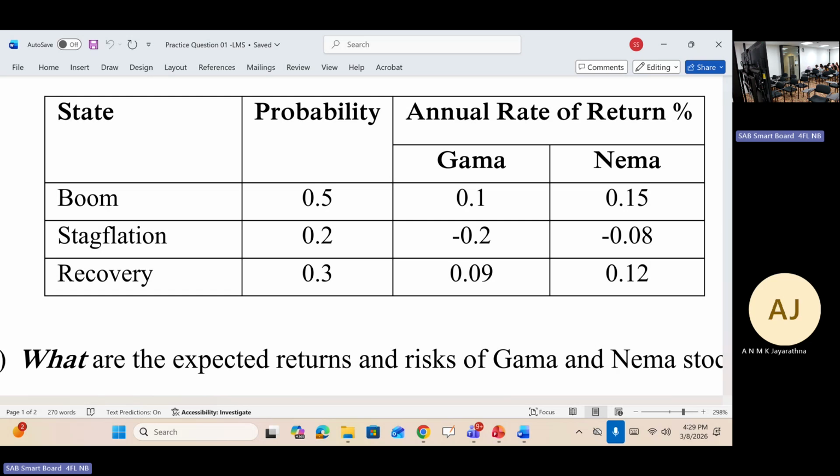Can anyone tell me the risk of the gamma? Tell me the risk of the gamma. At least the variance for the gamma.